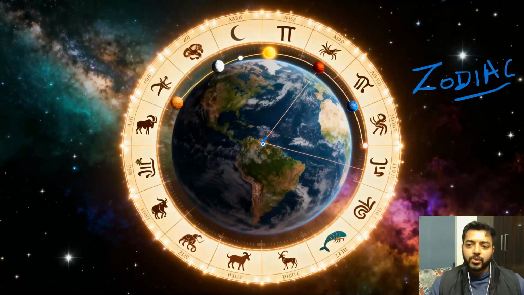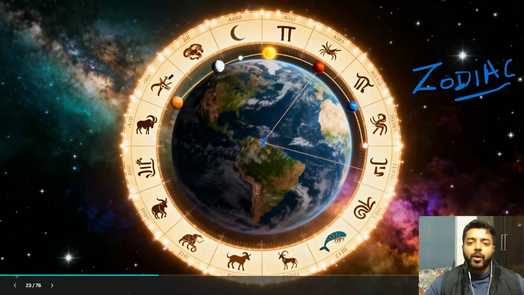Our ancient sages divided it into 12 different parts and called it the zodiac. You do not really need to know anything more about the astronomy part of it, because astronomy gets quite complicated. So we will just look at it from an astrology perspective: there are 12 different zodiac signs, and it's an imaginary band around the earth.